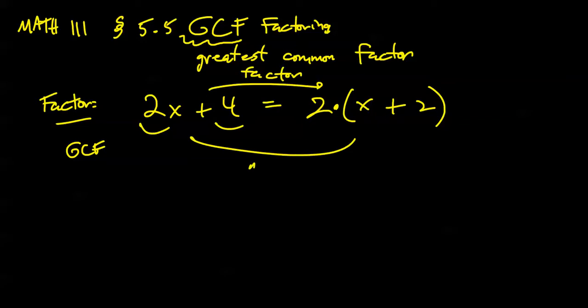If I go in reverse, I'm really multiplying. So you can always check your answer in a factoring problem by multiplying. I don't insist that you check each and every problem, but certainly on some of the sticky ones you might want to.